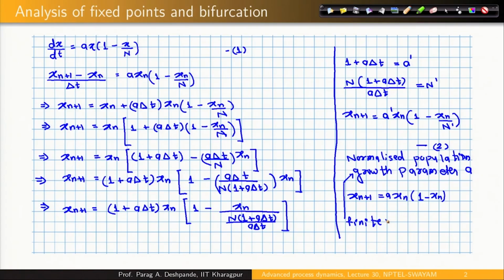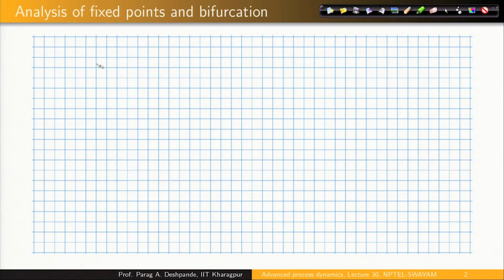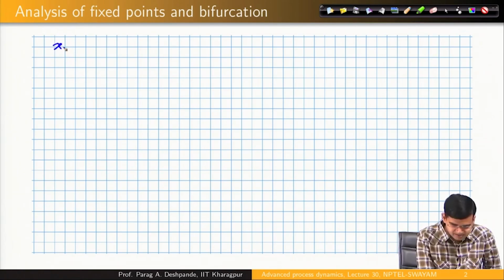So, let me analyze equation 3, which is simply x_{n+1} = a x_n (1 - x_n).